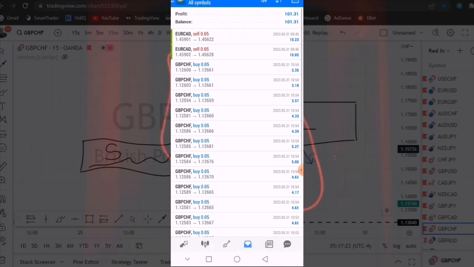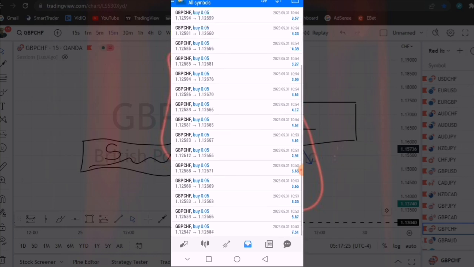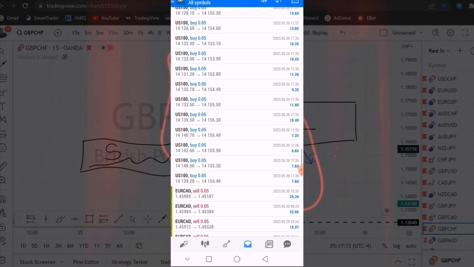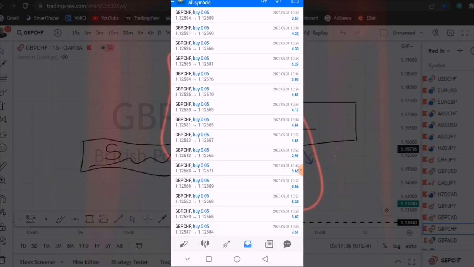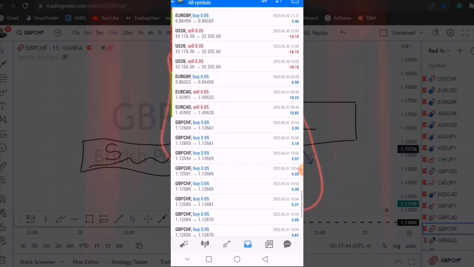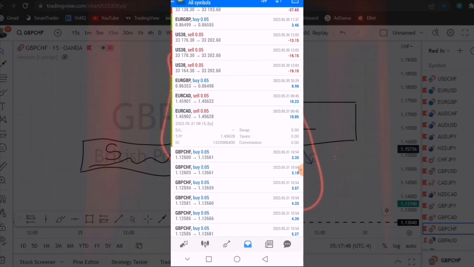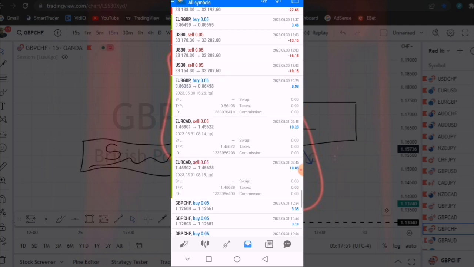Let me say today, I only had 2 trades hitting TP. Let me just say last week. Okay, last week, let me scroll down. Okay, last week, see, this is Gbpchf all the way. This was today. I did the same thing. It worked. And this is yesterday. It's EuroCAD and EuroGBP.